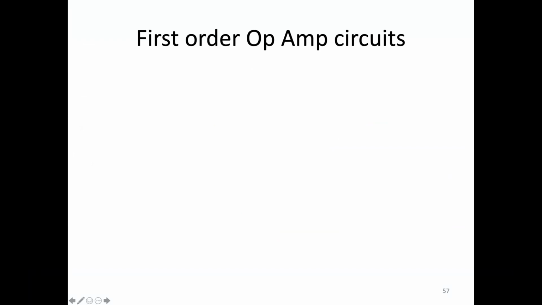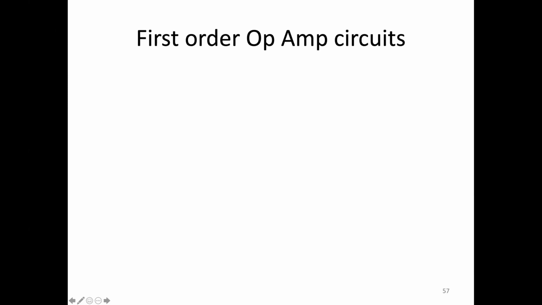Inductors are pretty large, pretty bulky, and so they're not often combined into integrated circuit packages with op amps. And so in all the op amps that we're going to consider in this lecture, we're only going to work with resistors and capacitors. So we're going to work with the RC circuits.